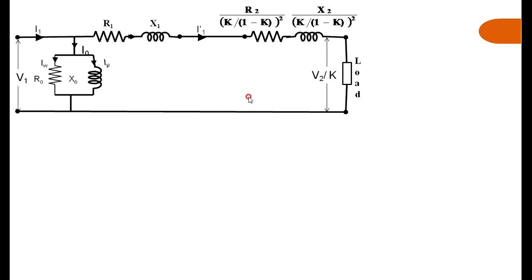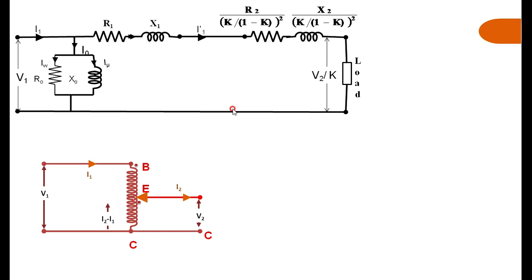With the help of this, I want to draw the vector diagram for this. You have to take the flux as a reference, then the induced voltage, that is the voltage across EC because of V2. That is, you have to start with V2. We know V2, I know the value of I2, and the power factor angle between V2 and I2 is also known, because I know the load condition. From that I am building up the vector diagram. Therefore, it is V2 and I2 and phi 2.